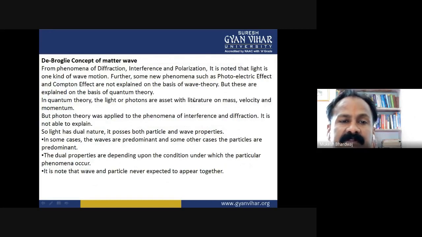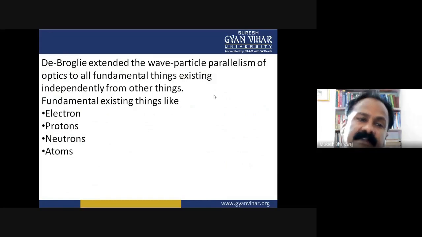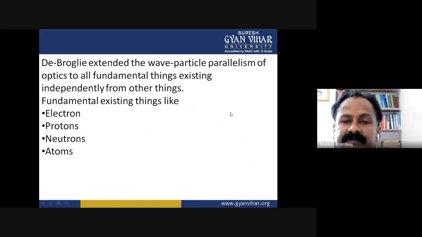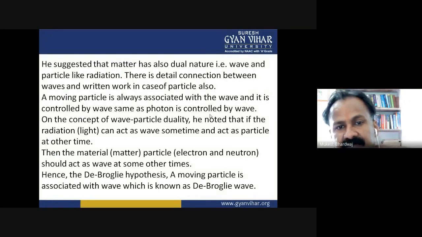De Broglie concept of matter wave. De Broglie extends the wave-particle parallelism of optics to all fundamental existing things like electron, proton, neutrons, atoms. He suggested that matter also has a dual nature, that is wave and particle, like radiation. There is a detailed connection between waves and particles.